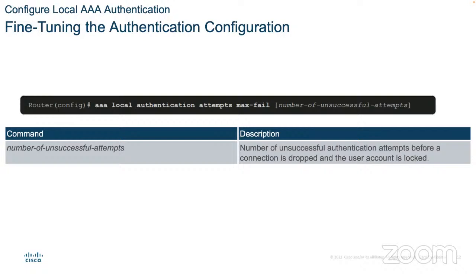So it is possible to enable AAA and still be open to brute force until you set this up. Then brute force is no longer feasible. So you can set all this up, and that's great, but you also got to close that hole.